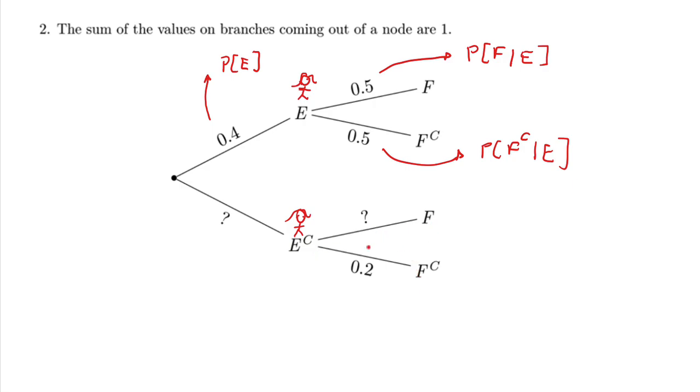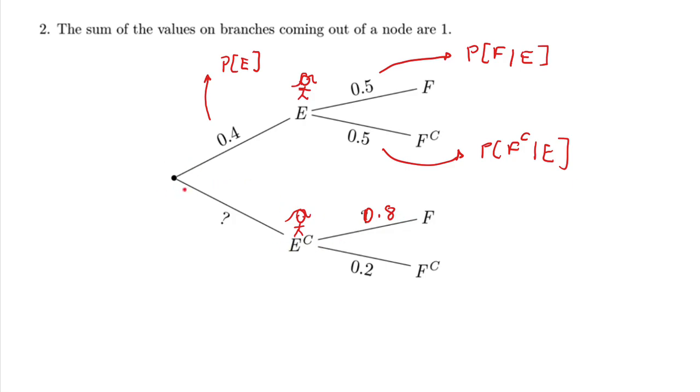And again, that's the property of complementary events, like the example that I always give in class of pregnant, not pregnant. If you're looking forward and you have these two complementary events, if the chance of one is 0.2, the chance of the other needs to be 0.8, because the values of the branches coming out of a node need to sum up to 1.